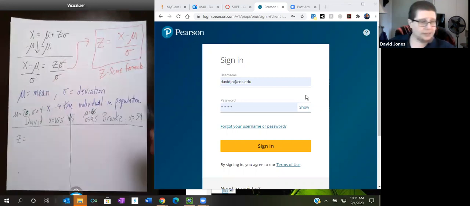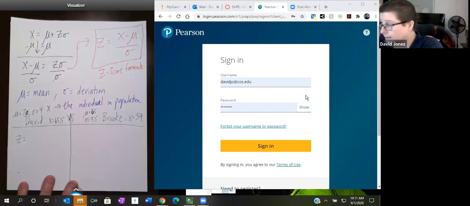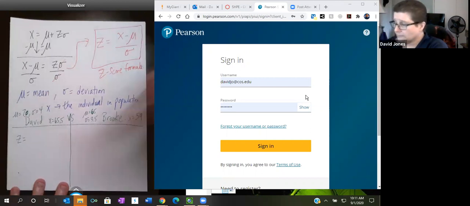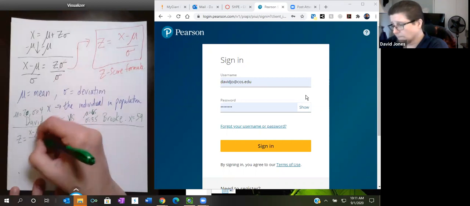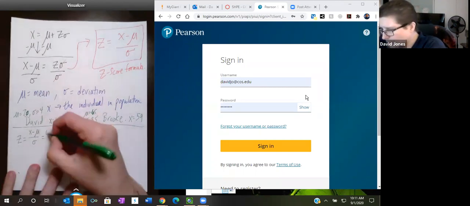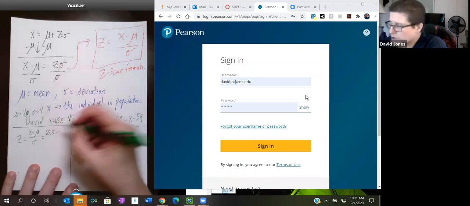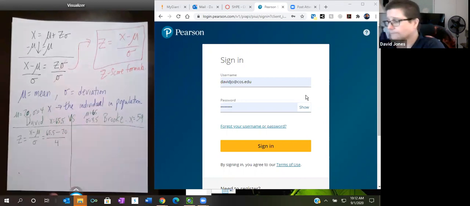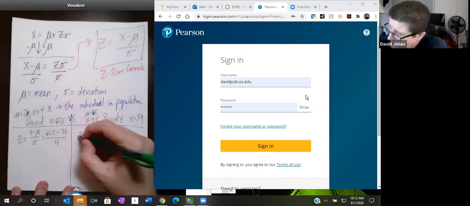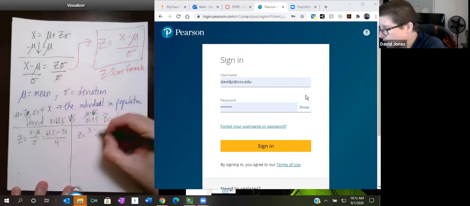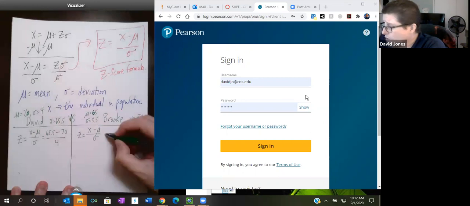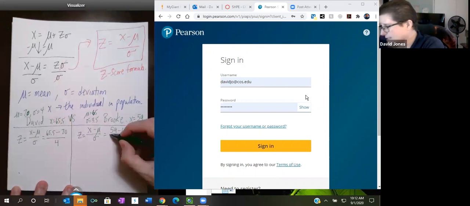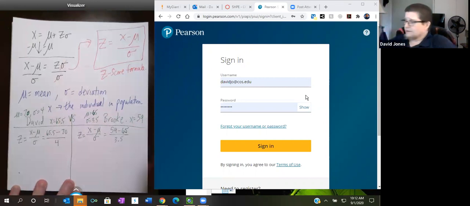So what I'm going to do is take the values I know and put them in. In each case, it's x minus mu over sigma. X is 65.5 for me, minus mu, which is 70, and divided by 4. If I do the same thing for Brooke, x minus mu over sigma, she's got 59 inches. Her average height is 65, and the deviation is 3.5.